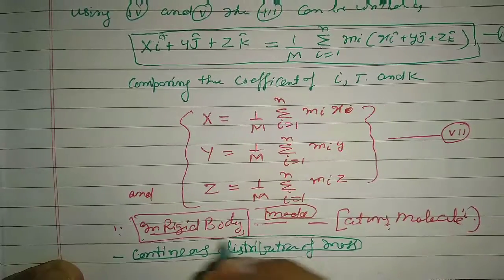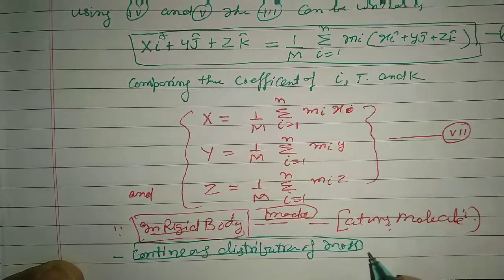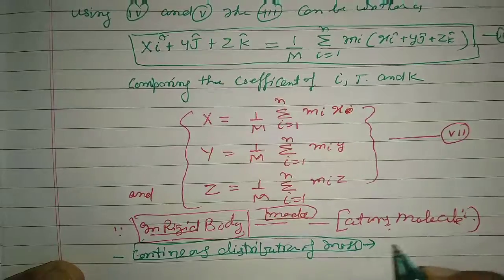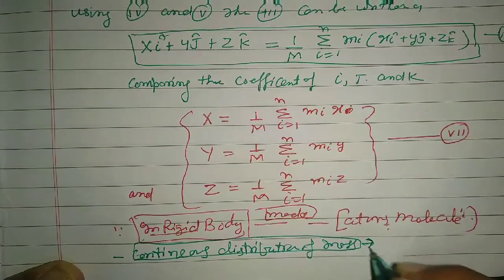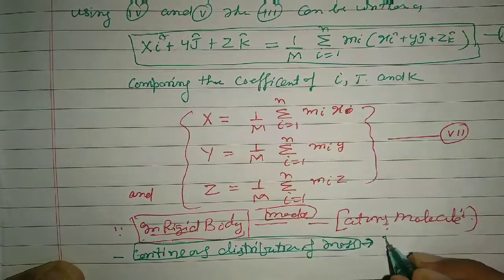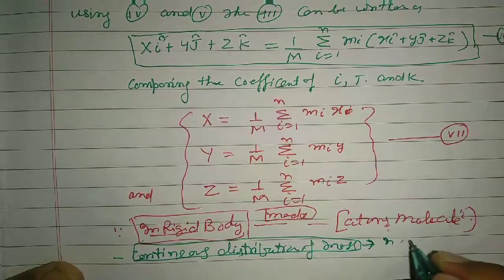See very carefully. Continuous distribution of mass implies a very large number of particles.